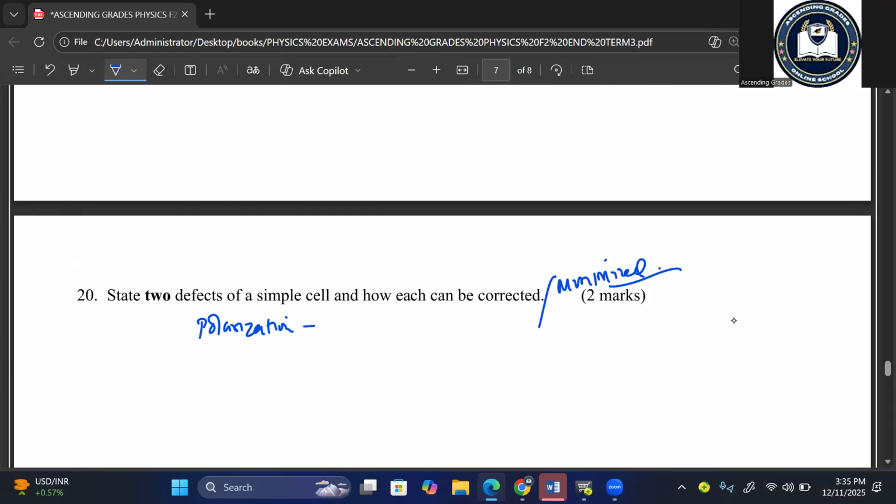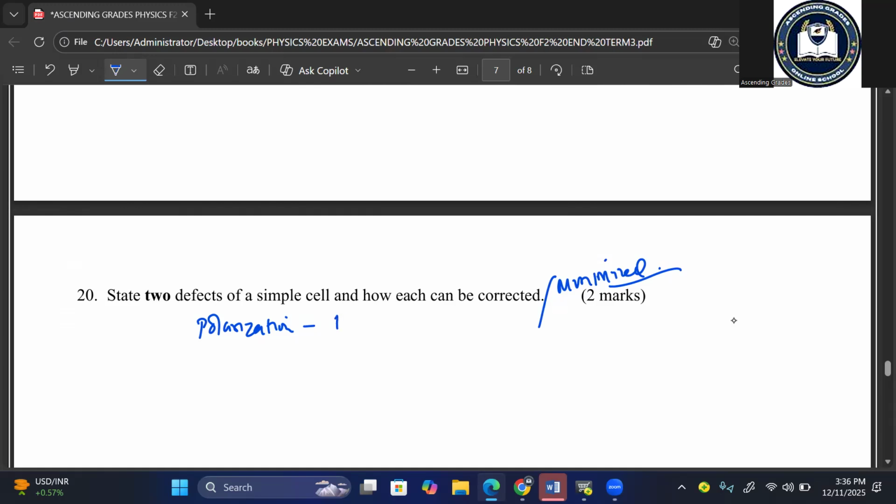You can see Gideon has said local action and polarization. It's okay. So polarization is done by use of a depolarizer, but be very careful when you are giving the depolarizer. Don't just write the depolarizer, but be specific.